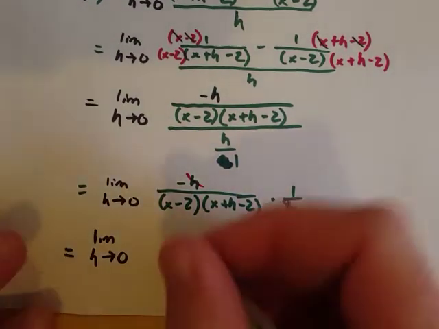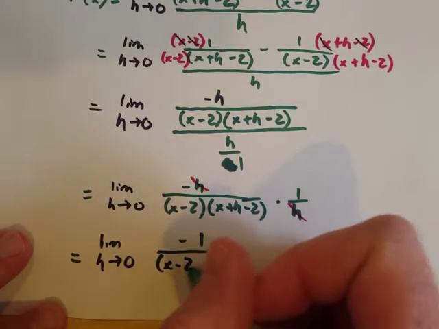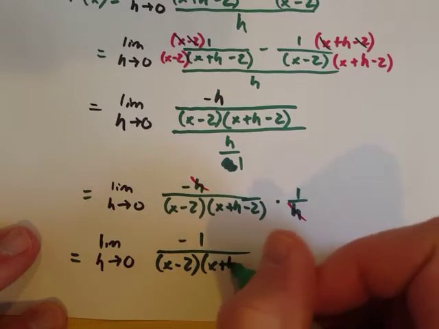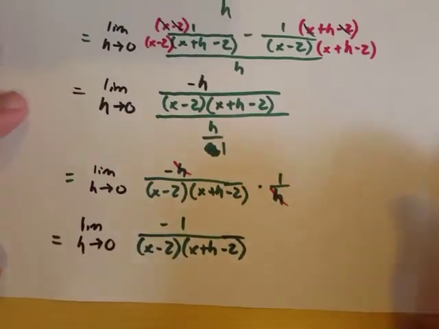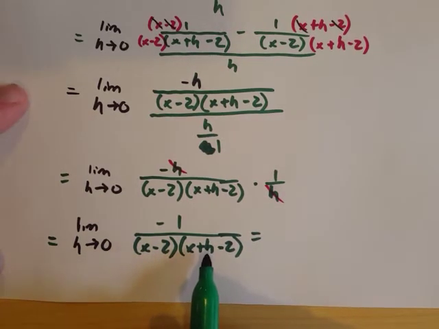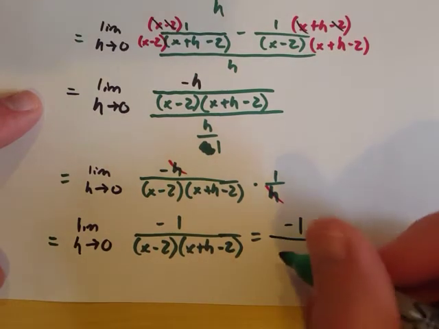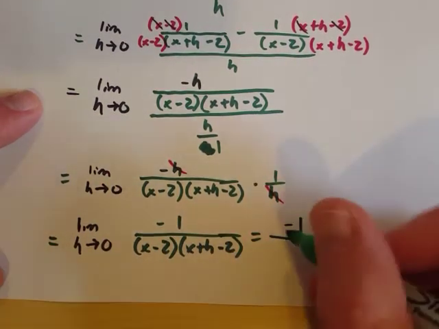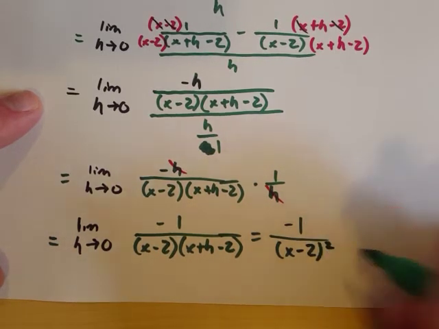But we have then negative 1 over x minus 2 and x plus h minus 2. All right, from here, we can finally substitute 0 for h because it's no longer the only thing in the denominator of this fraction. If we put 0 in there, then what we get is just negative 1 over x minus 2 times x minus 2, so that just becomes x minus 2 squared.